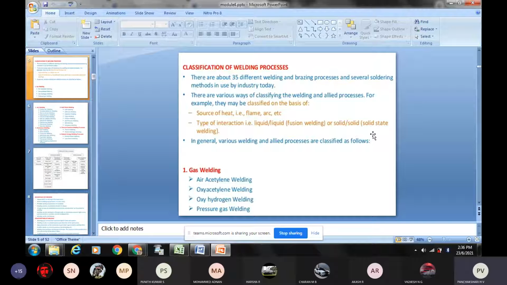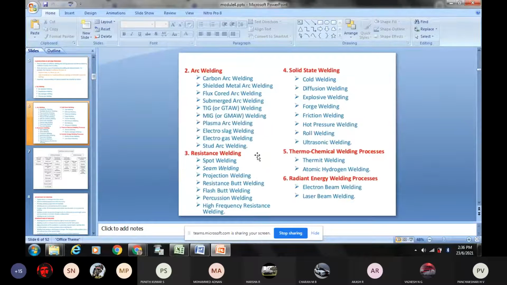So depending upon the state of the matter, liquid state welding and solid state welding, and depending upon the energy supplied, the source of heat, different types are there. Those types we are going to discuss now.